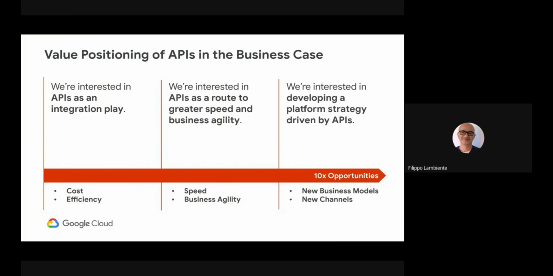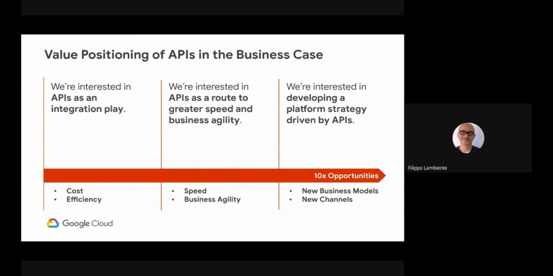So here the justification is mainly speed and business agility. It's much easier to assemble a new product if I start from an API layer rather than without having the API.